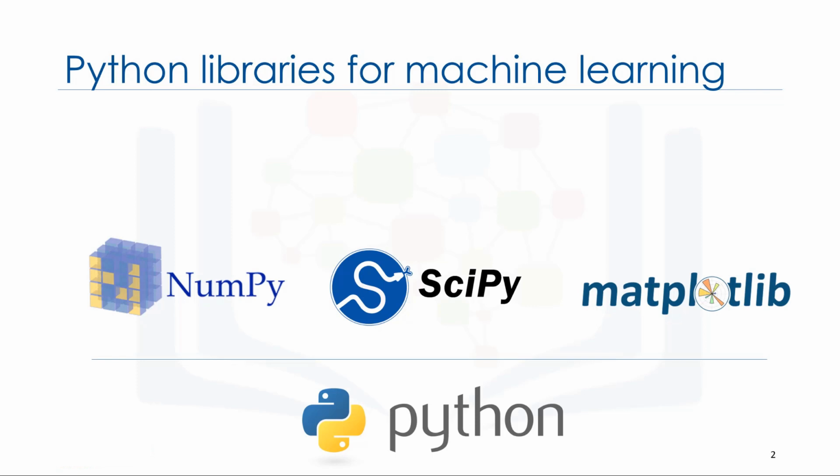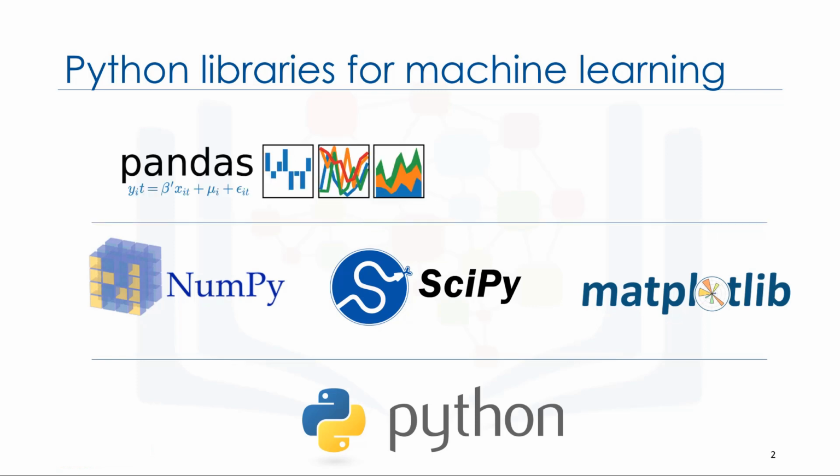Basic knowledge about these three packages, which are built on top of Python, is a good asset for data scientists who want to work with real-world problems. If you're not familiar with these packages, I recommend that you take the Data Analysis with Python course first. This course covers most of the useful topics in these packages.